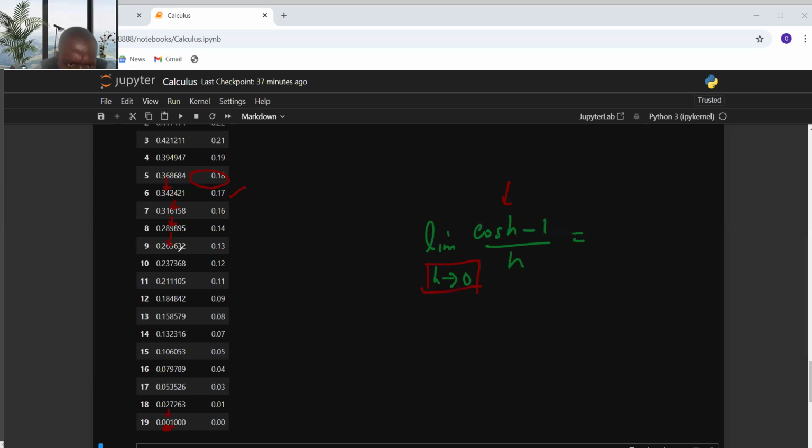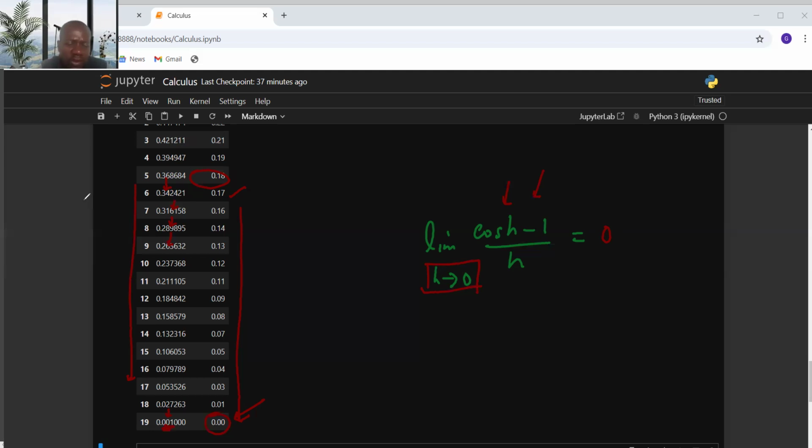So we see that when h is approaching 0, what is the output here? The output is giving us 0. So what does it mean? It means that the limit when h approaches 0 of cos of h minus 1 over h becomes 0. This is what we have seen there. So we have proved that the limit when h approaches 0 of cos of h minus 1 over h becomes 0.